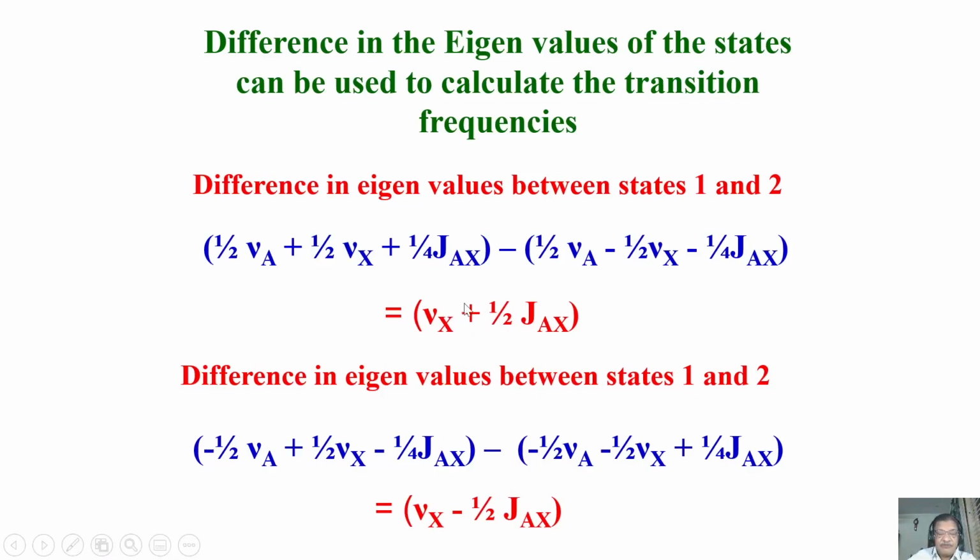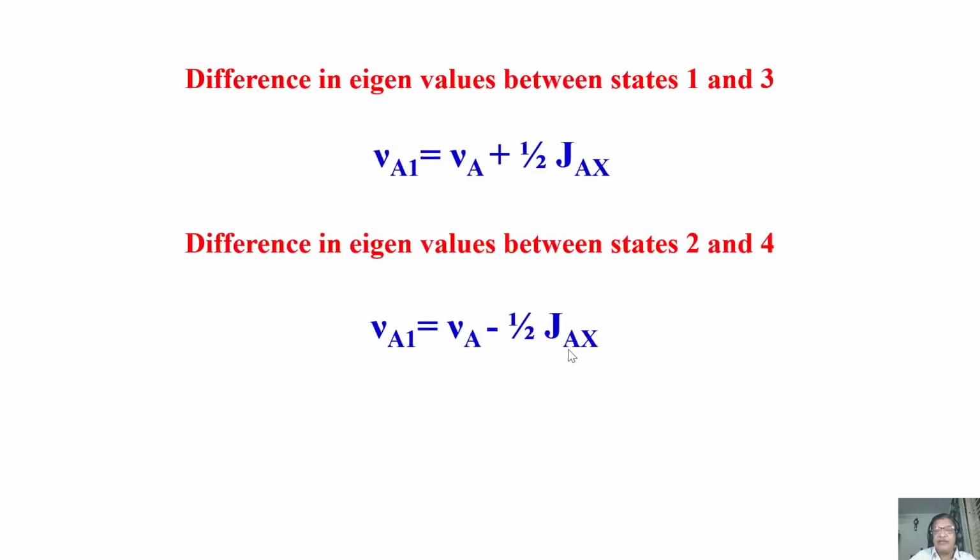So from the chemical shift of the X spin, there is one peak at plus half of Jx, and another peak at minus half of Jx, so we will get a doublet centered at the chemical shift of X whose separation corresponds to Jx. In the same way, you can do that for 1 and 3 and 2 and 4.